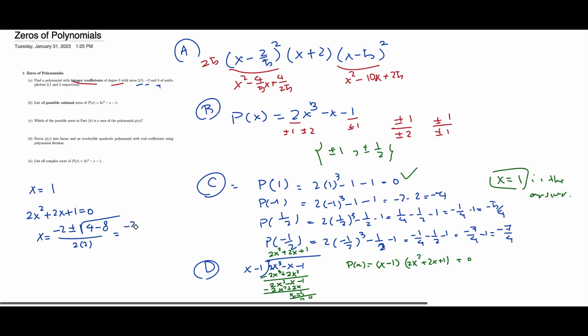That's negative 2 plus minus the square root of negative 4, so square root of 4 is 2, and then times i, divided by 4. I can simplify that to negative 2 over 4 plus minus 2i divided by 4, which is negative 1/2 plus minus i/2. So that's all the solutions that you get in here.